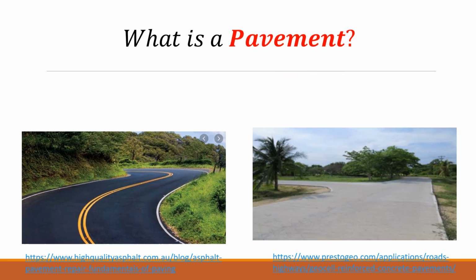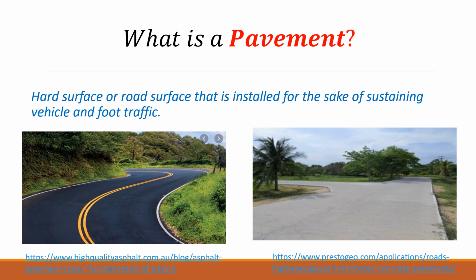Okay, so what is a pavement? Pavement is the road, but if you search in Google, it says the hard surface. So that is the definition. Hard surface or the road surface that is installed for the sake of sustained vehicles and foot traffic. So these are the 2 types of the pavements.